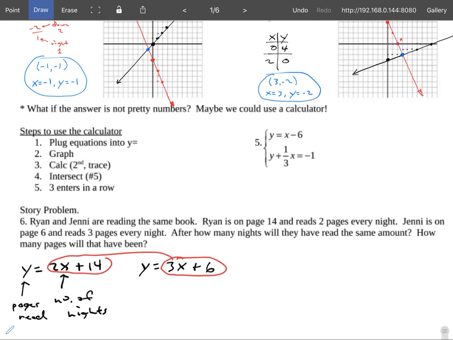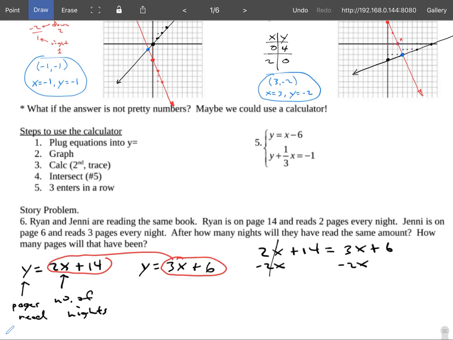All right, so we're going to write 2x plus 14 equals 3x plus 6. All right, then we're going to subtract 2x on both sides.